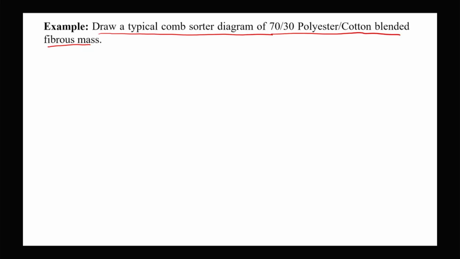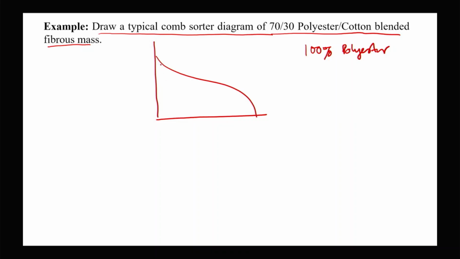Now, if we were asked to draw comb sorter diagram of 100% polyester fiber, we have seen the comb sorter diagram of cotton, so the length from the higher length to lower length we distribute.